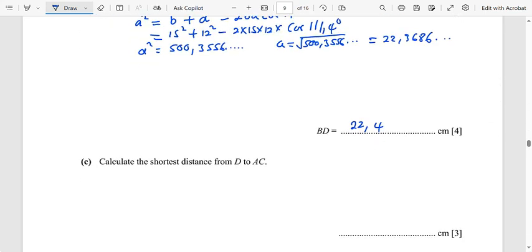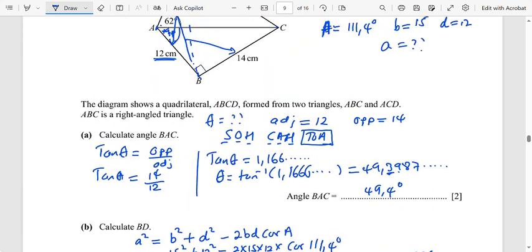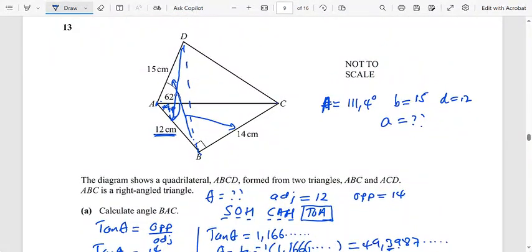Then the next question is saying, calculate the shortest distance from D to AC. We want the shortest distance from D to AC. All right. So the shortest distance from D to AC is such that it makes a right angle with the line AC there.